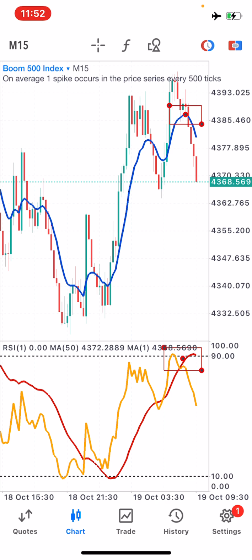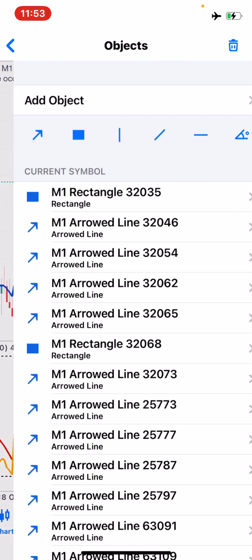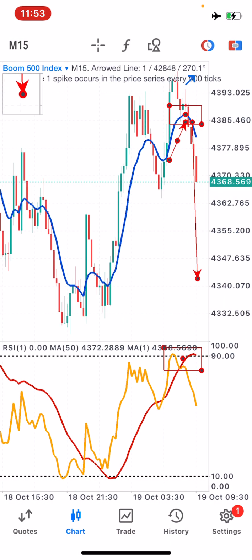The first thing is you want your golden red line to be at levels 90 or anywhere closer to level 90, like that, and they should also cross each other like that. And you also need your candlesticks to cross to be below that blue line, and then you can enter into a sell trade. And as you can see, it's already rewarding, and it's already paying those that entered early.